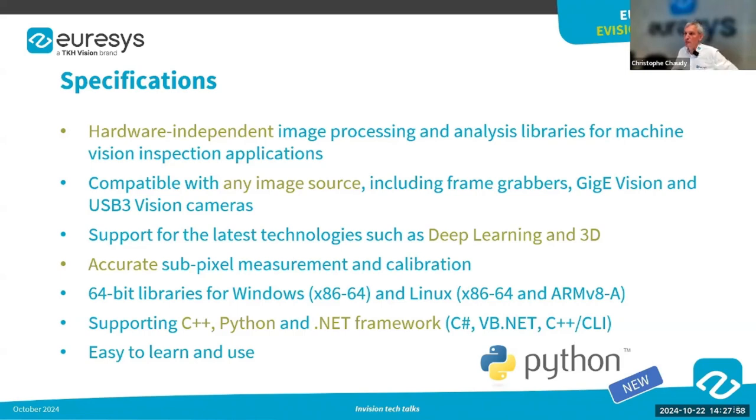We perform also camera calibration in the package. All these libraries are compatible with Windows and Linux, and we are compatible with Intel processors, but also ARM processors that are mostly used on embedded systems. And this SDK supports C++, Python, and C# programming languages.